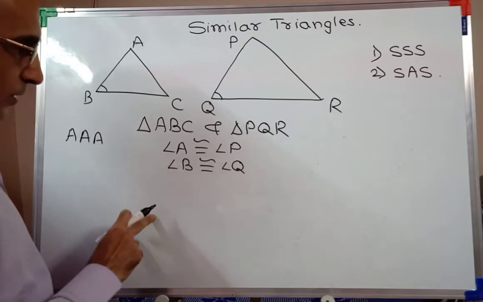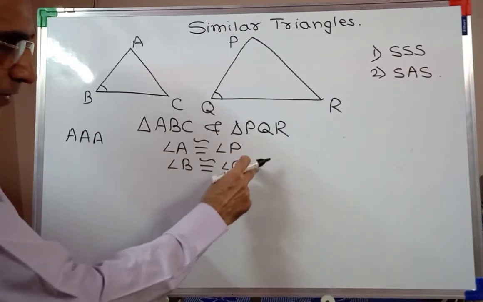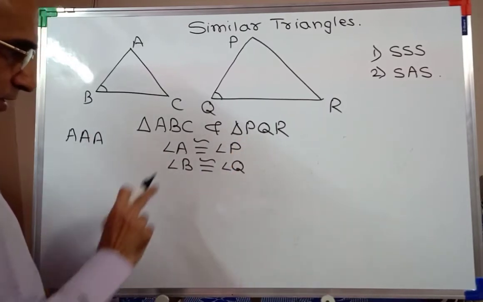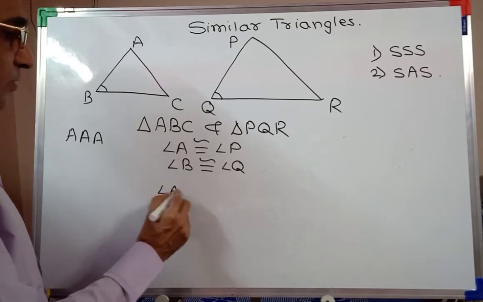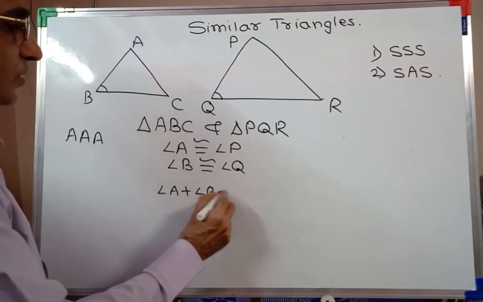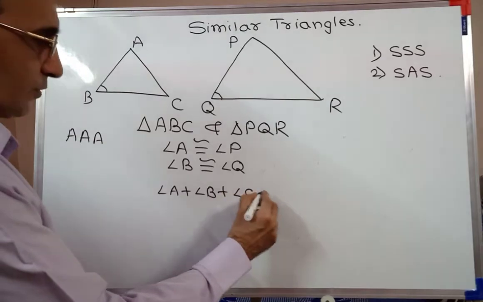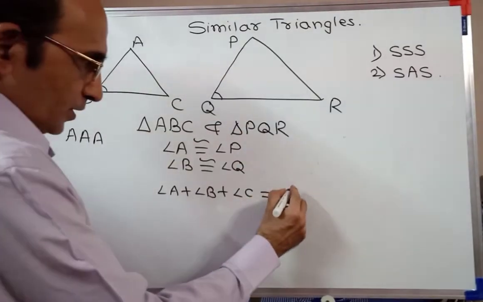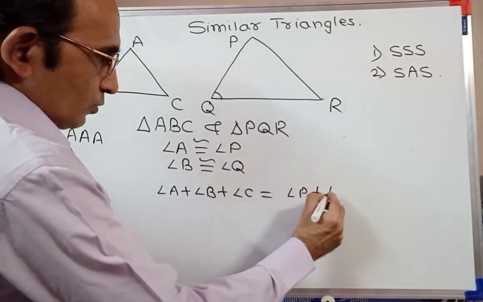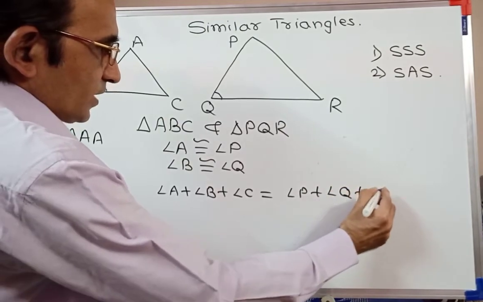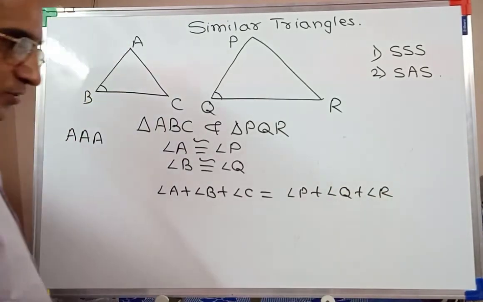So A plus B plus C is 180 degrees, and P plus Q plus R is also 180 degrees.